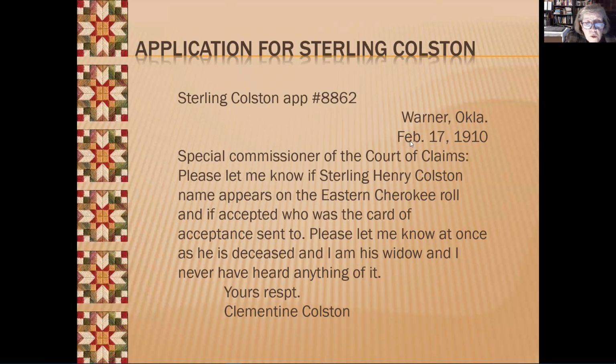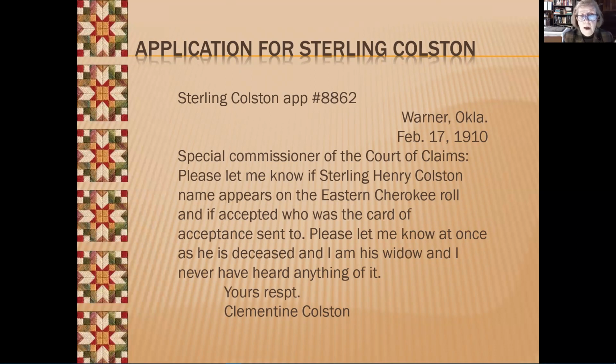And she's writing in February of 1910. They're not going to make payment until June, but she's wanting to know if he was accepted or not. But he's deceased already. So he wrote all that stuff out about all of his family and kept sending it in and sending it in.